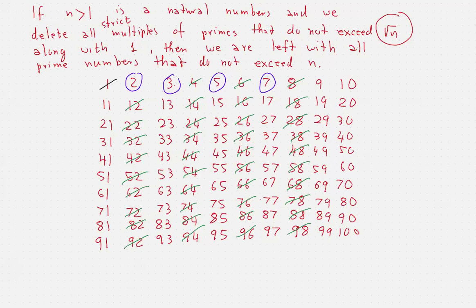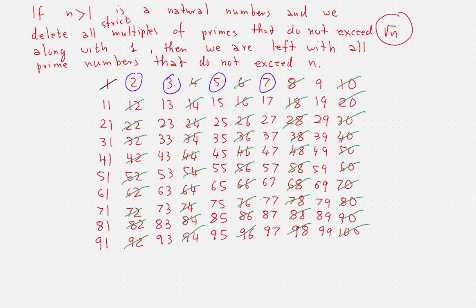Okay, now let's use a different color in order to get rid of multiples of 3, technically multiples of 3 that were not multiples of 2 because these have already been dealt with. So what are the multiples of 3?